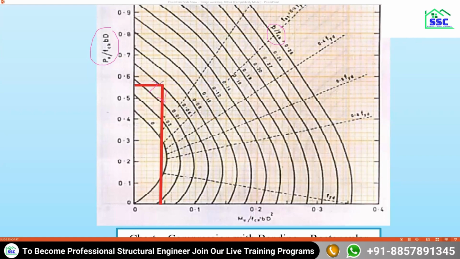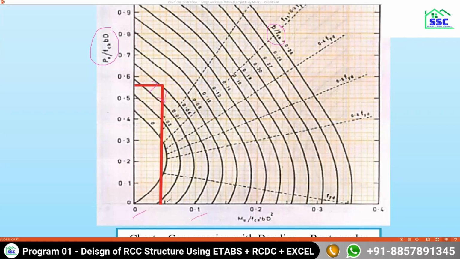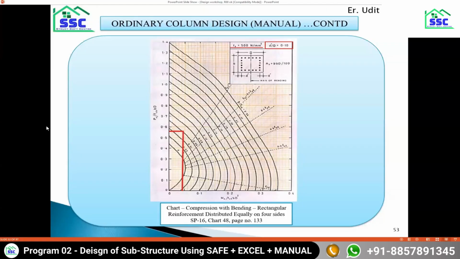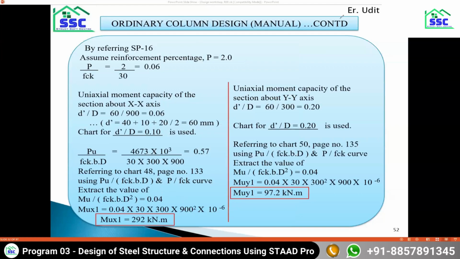So if you go from 0.57 and go to the rho by FCK value of 0.06, you come down to the value of MU by FCK BD square. See, this is 0, this is 0.1. So this half value is obviously 0.05. So we are somewhere getting the value equal to 0.04, right? So our value of MU by FCK BD square from the chart is coming out to be 0.04, right? I have shown you how we got it from the chart.